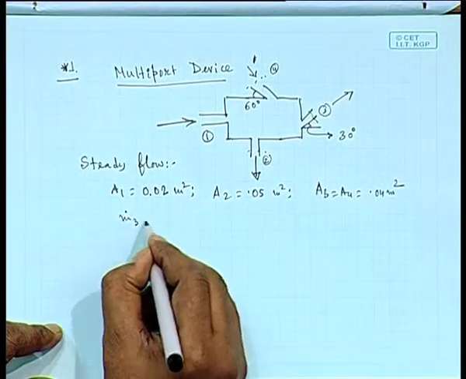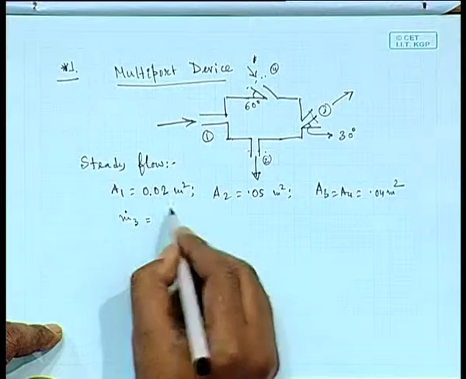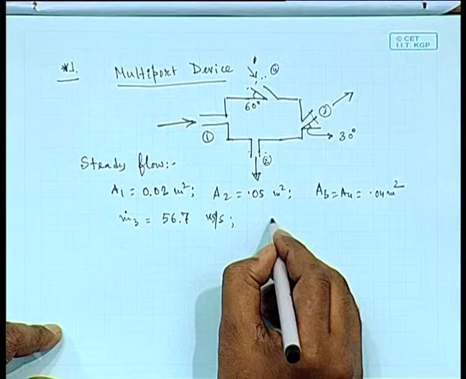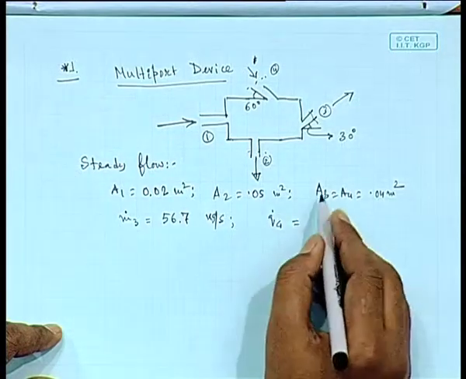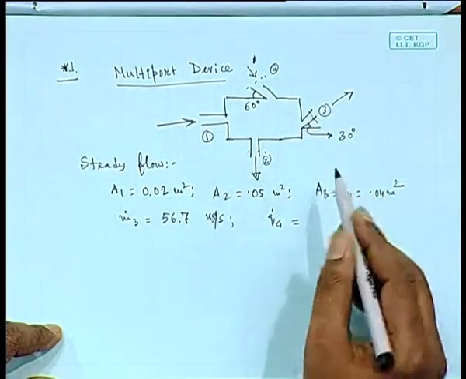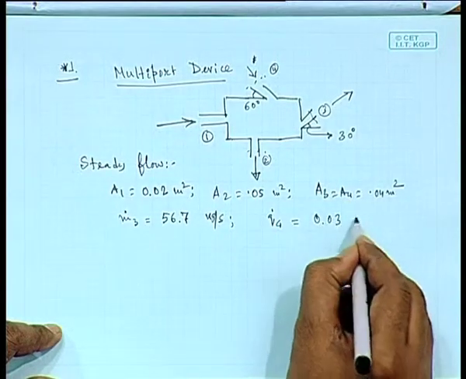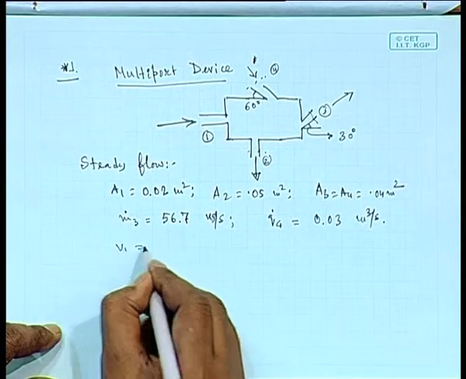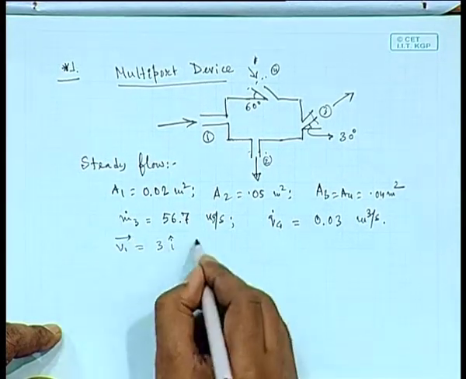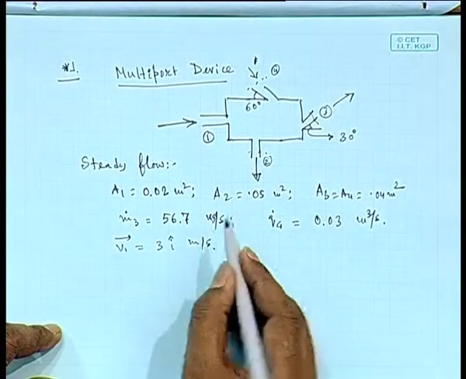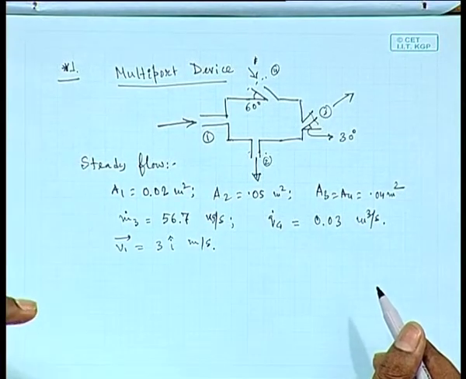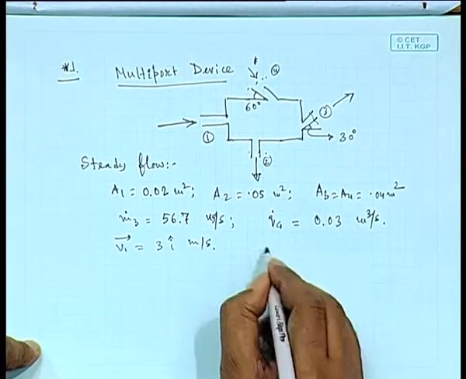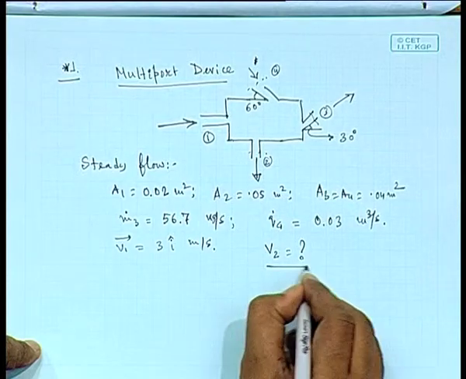The mass flow rate in section 3 is given as 56.7 kg per second. The volumetric flow rate across port 4 is given as 0.03 meter cube per second. V1 is known, it is 3i meter per second, and properties are uniform, you are considering water as incompressible, so density will not change. So, the question is, what is V2?